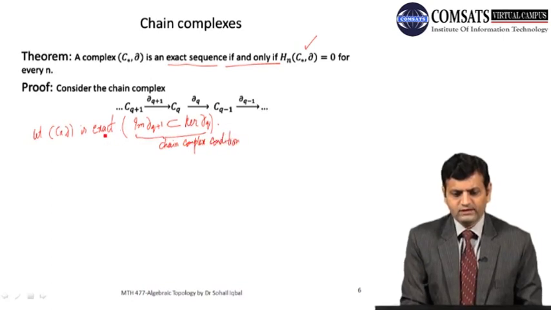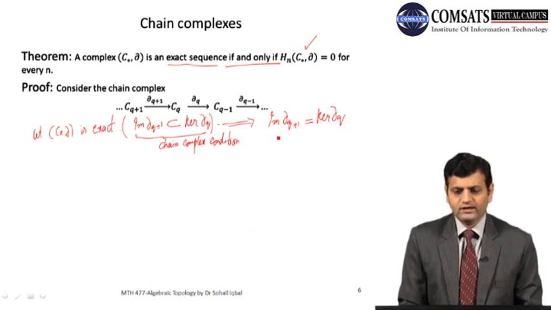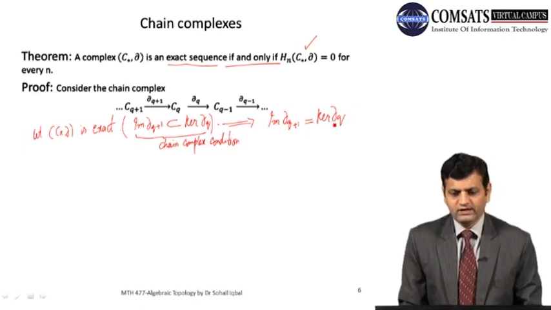But now we have imposed that it is exact, so exactness says that the image of partial q plus 1 is equal to the kernel of partial q. Instead of the image being contained in the kernel, now they are equal.